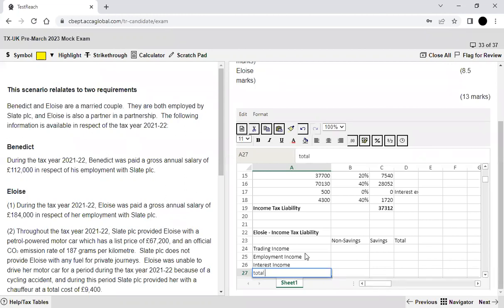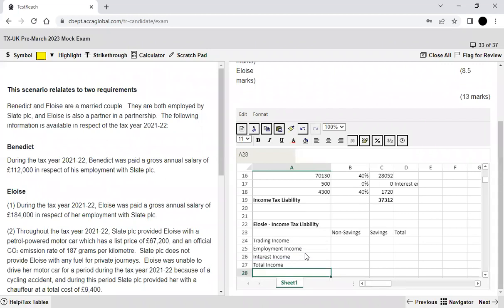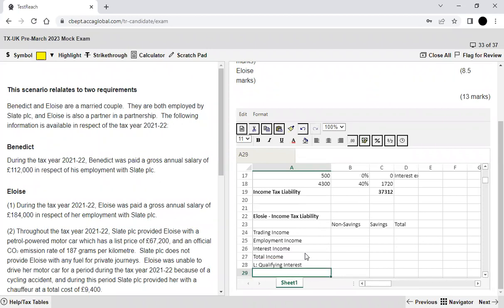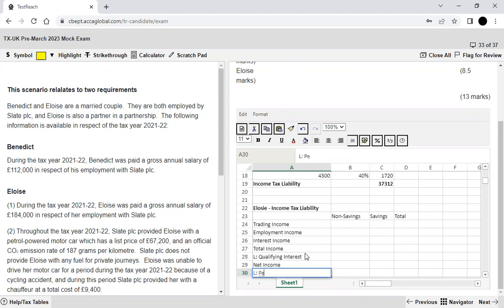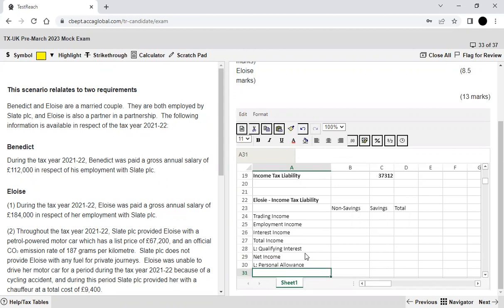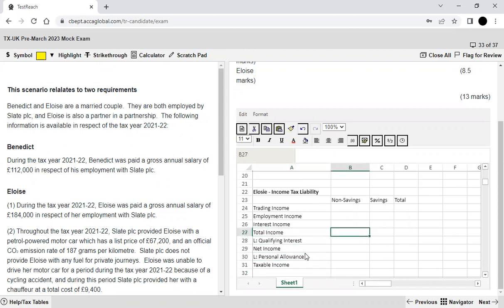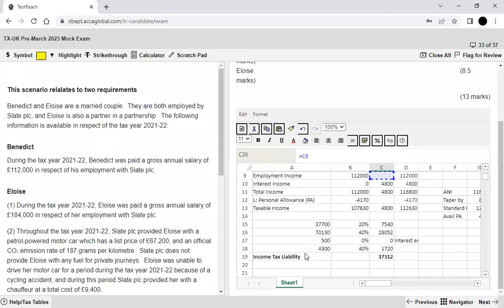After this interest income, at the moment, I can only link the savings income.